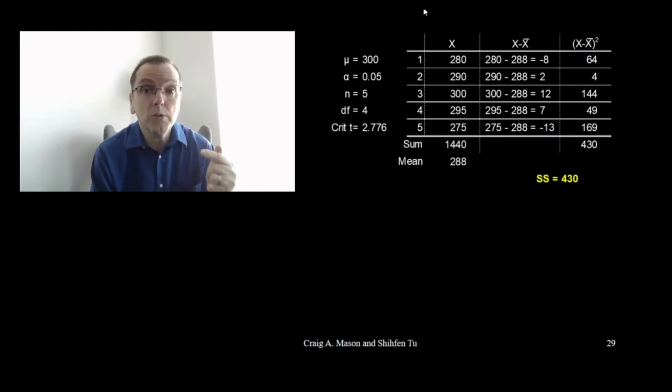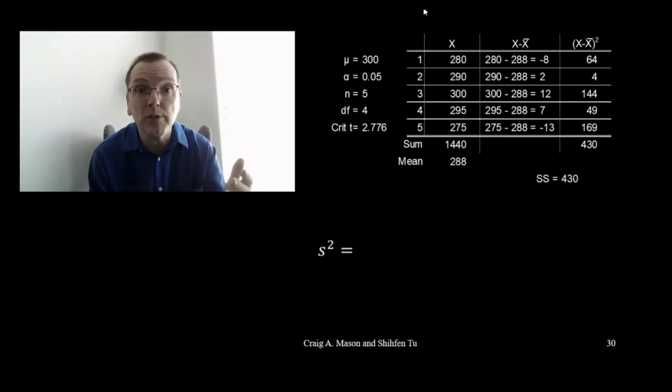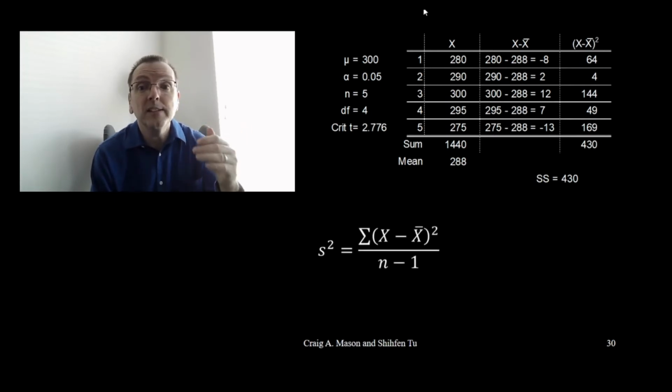First, we'll use the sum of squares to calculate the variance, s squared. Remember, it's a lowercase s now because it's our inferential version, right? Now, the formula for variance is the sum of x minus x bar squared, our sum of squares, divided by n minus 1.